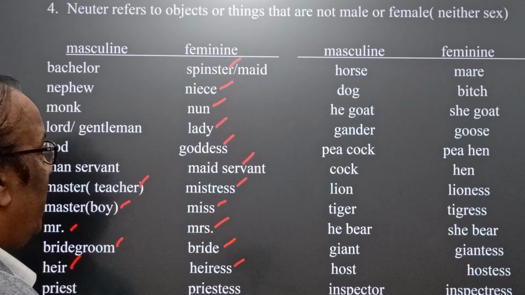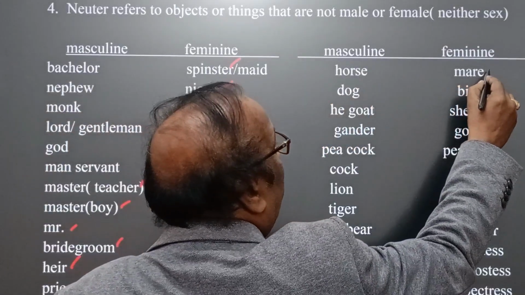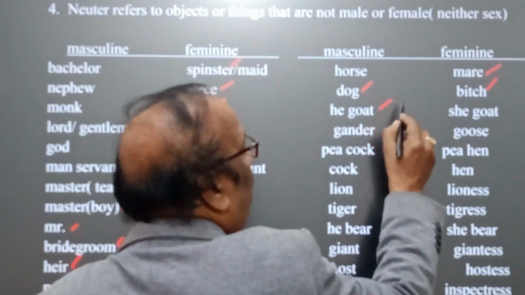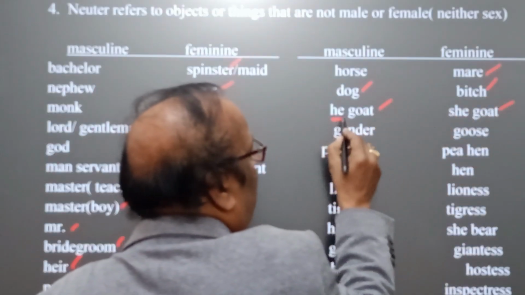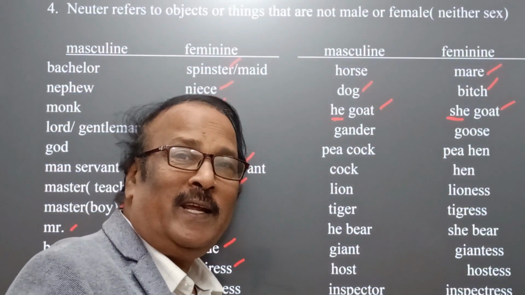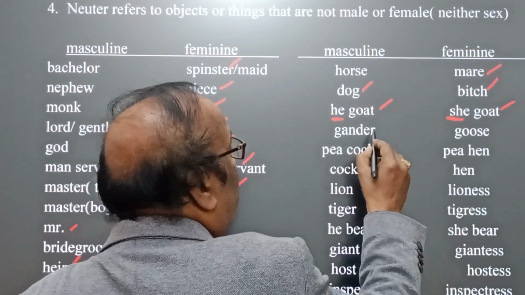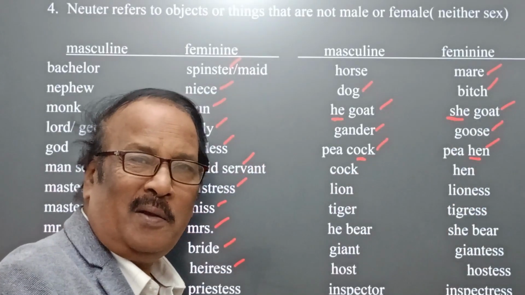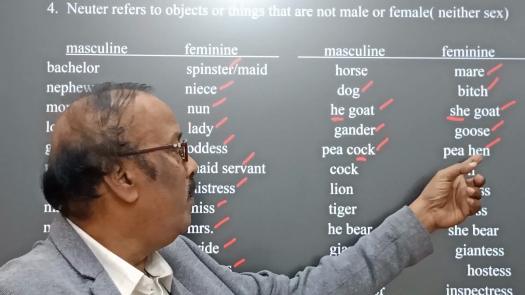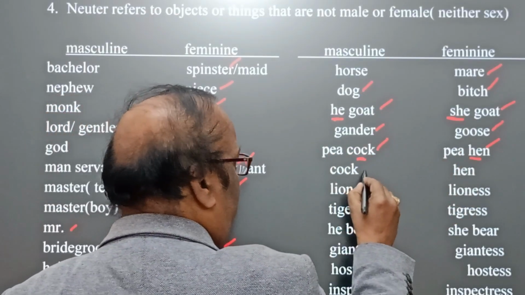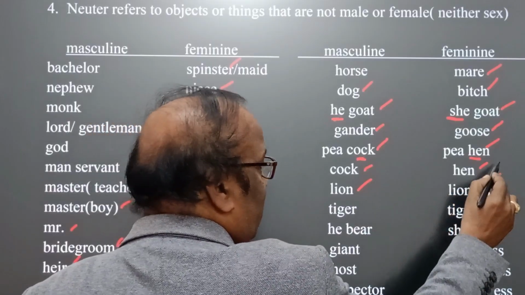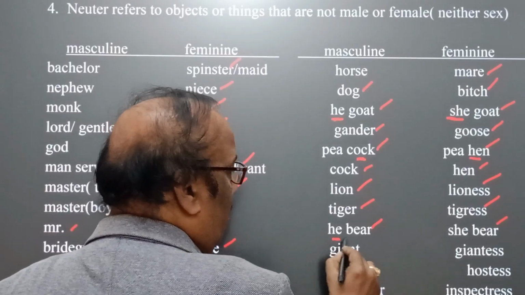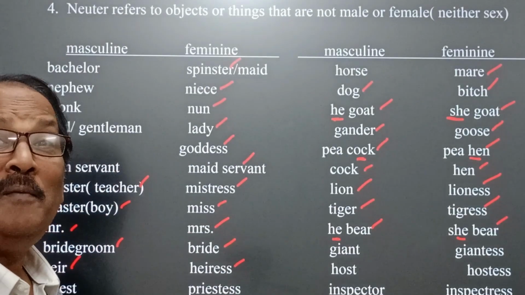Again, horse, mare, the female horse, dog, bitch. He-goat, she-goat. Here we have taken he or she in order to indicate male and female. Goose, gander, peacock, peahen, male, female. Cock, hen, lion, lioness, tiger, tigress, the female tiger. He-bear, she-bear, indicating male and female.